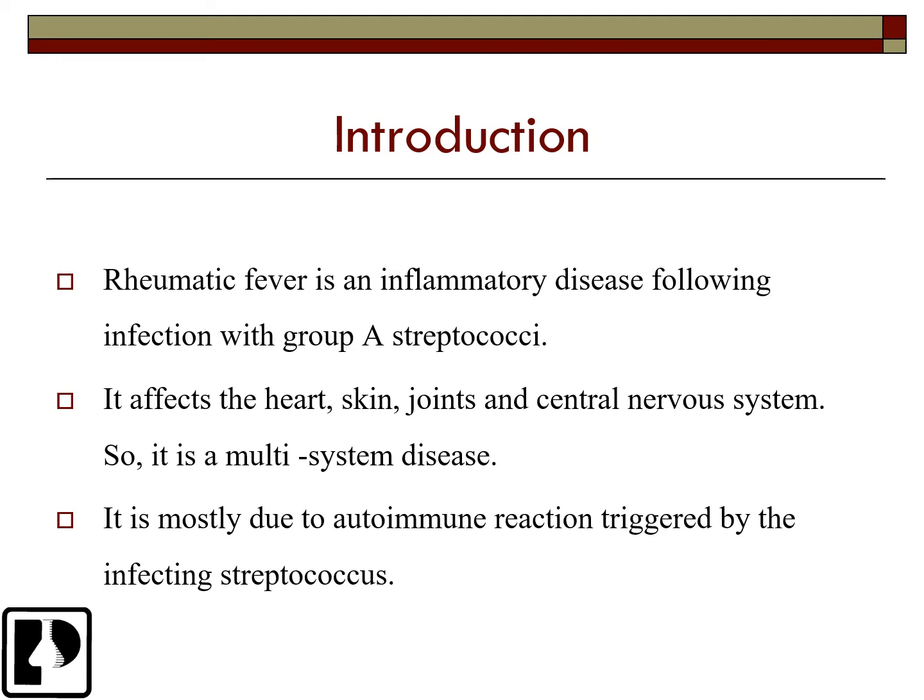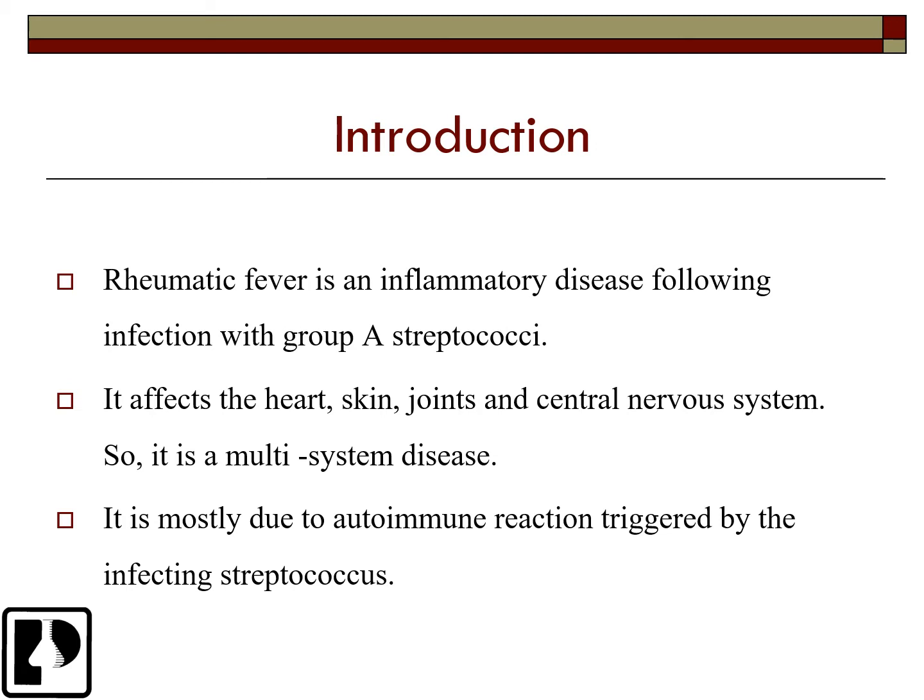And these usually occur due to antibodies occurring after the infection with group A streptococci. So it affects heart, skin, joint, and central nervous system, and so it's called a multi-system disease. Mostly it is due to an autoimmune reaction triggered by the infectious streptococci.